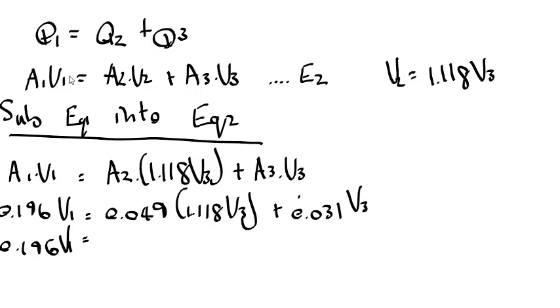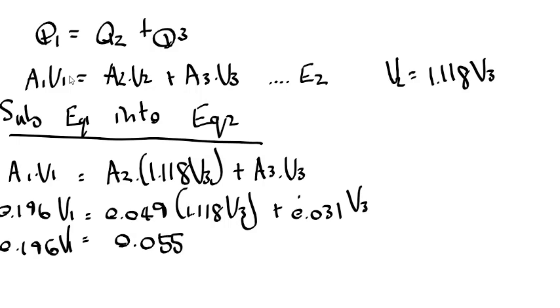Remember, we stored that value, I believe, in alpha B. Yes, alpha B, 0.049 times the 1.118 that we stored in F, alpha F, and that should give you 0.055.